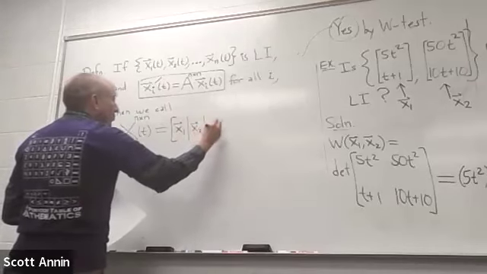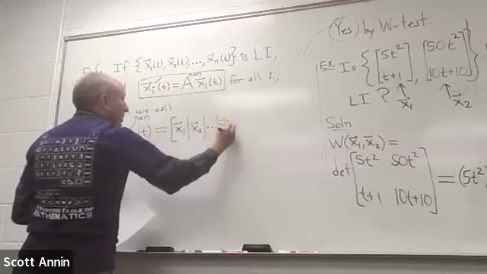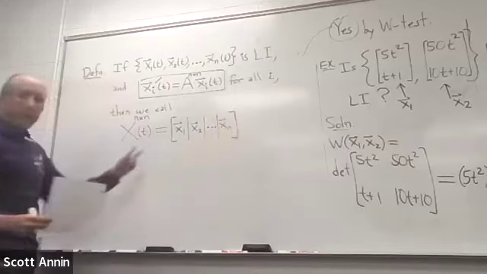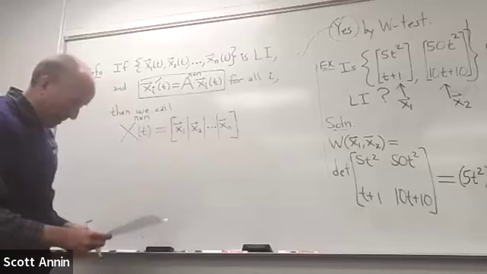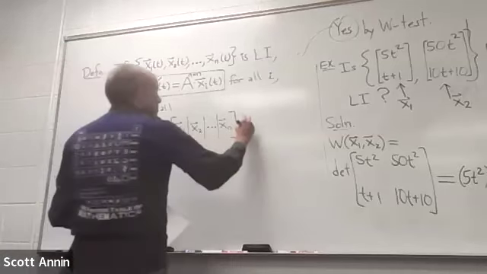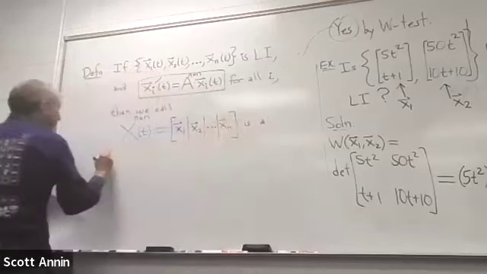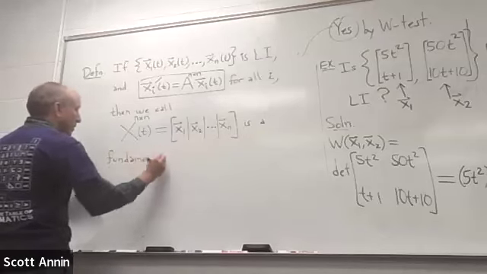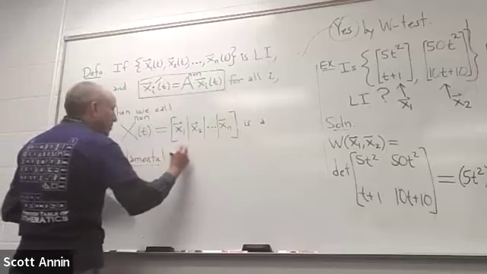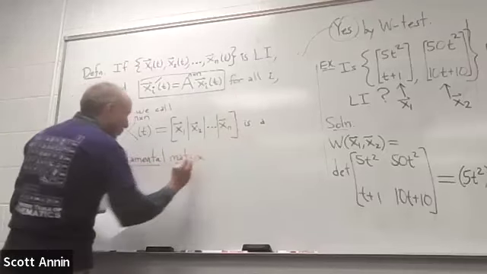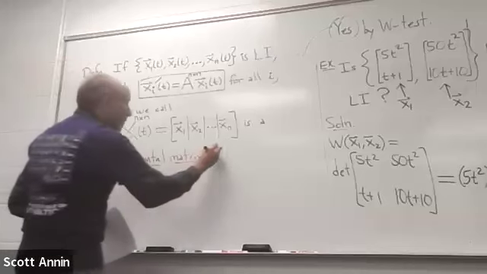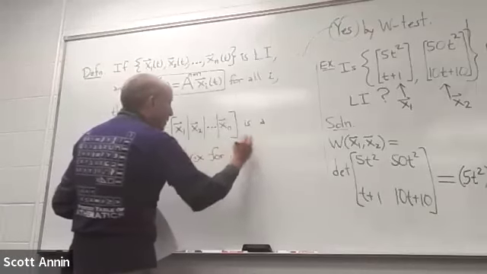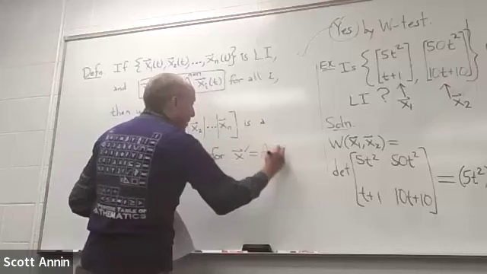The individual vector functions x1 through xn are laid out into the columns of this matrix, right? This is what is called a fundamental matrix. So I just want you to know that word for the linear system, x prime equals A times x.